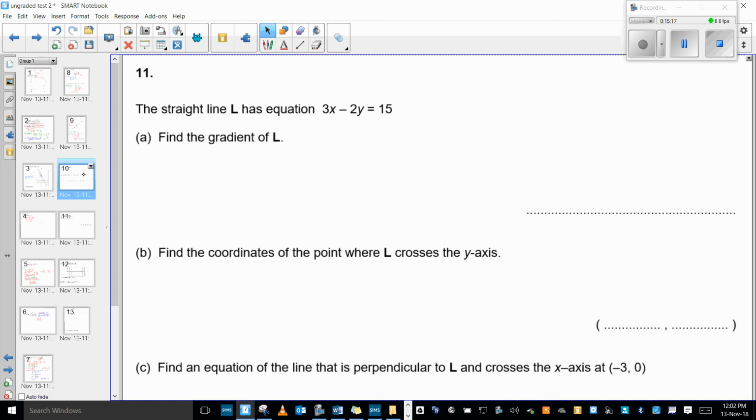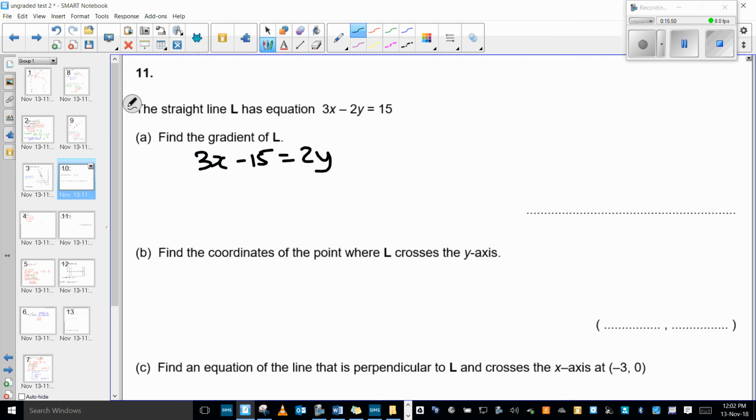Again, you don't need to know the y-intercept. You don't have to worry so much about that one. It's just the gradient you're interested in. So how you rearrange this or transpose it, I don't mind. I've said to you several times, I prefer my new subject to be positive. So if I was doing this, I would probably write 3x minus 15 equals 2y to start with, because I've added 2y to both sides, and I've now got a positive value for y, rather than a negative one.